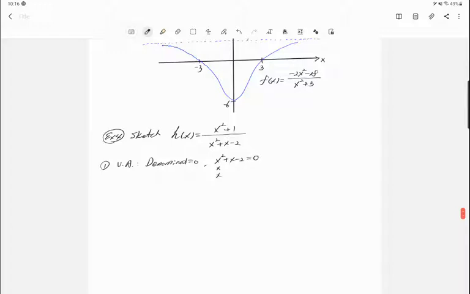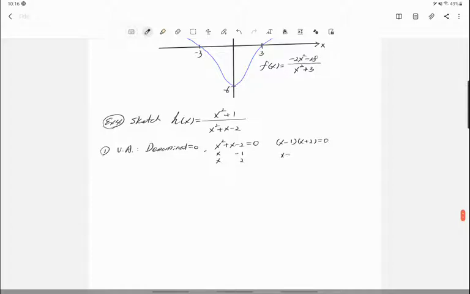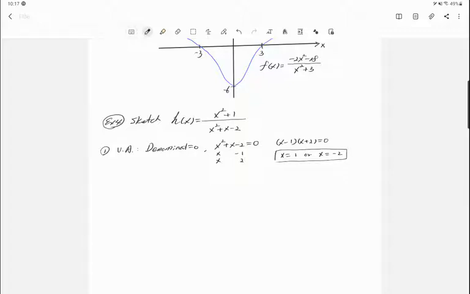Then it factors as (x minus 1)(x plus 2) equals 0. So x is 1 or x is negative 2. We found two vertical asymptotes this time.